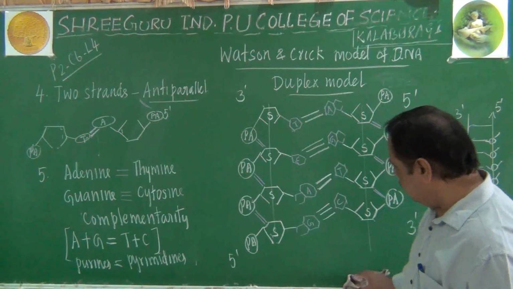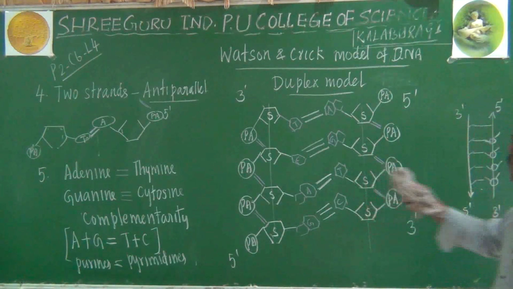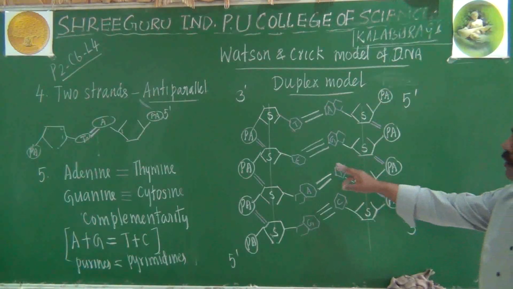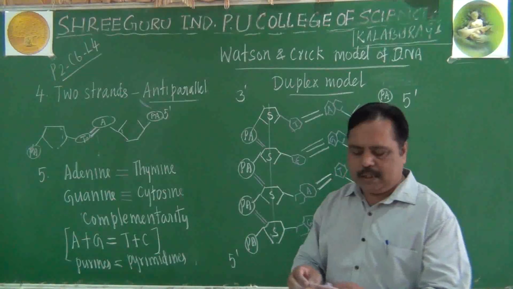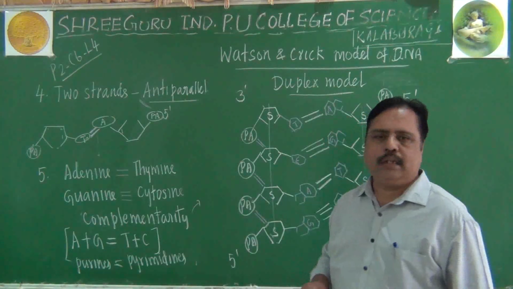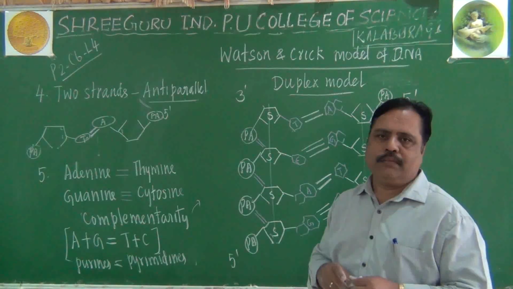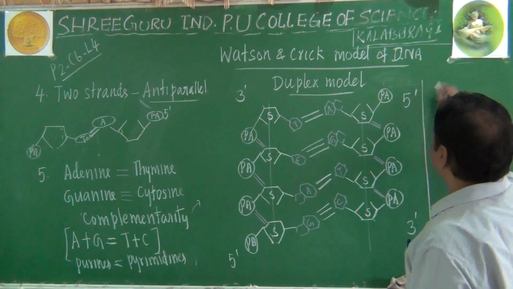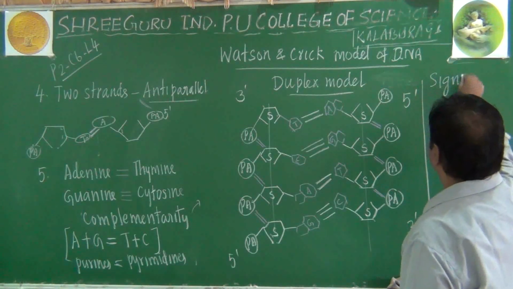Now, let me tell you one interesting aspect related to complementary bases. Listen here. Because of complementarity, we get two important significances. The first one you can remember here is the significance of complementarity.